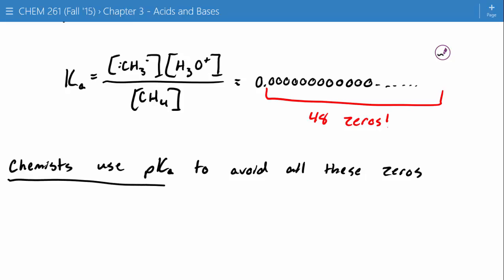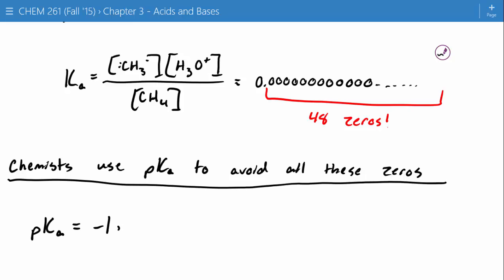Does anybody remember what P in the pKa stands for? It's a mathematical operator, but what does the P mean? Negative log, yeah. So pKa equals negative log of Ka.